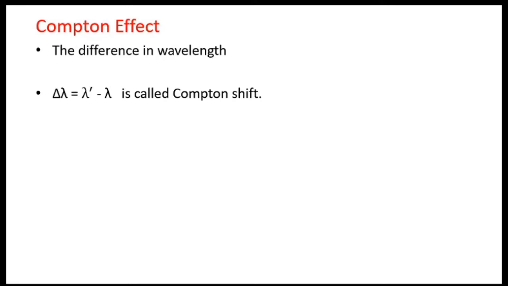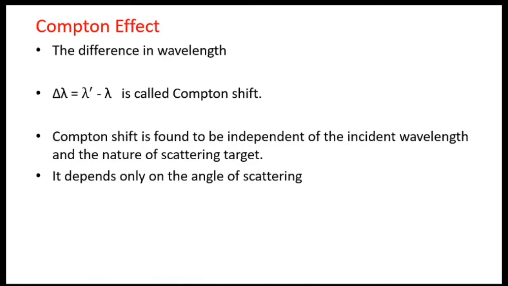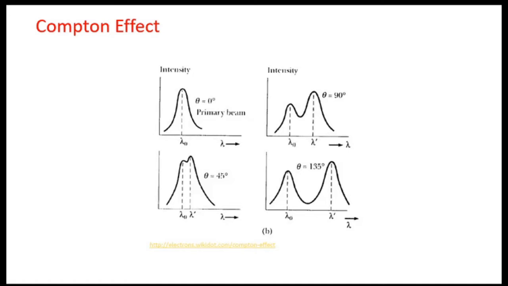The difference in wavelength delta lambda is equal to lambda dash minus lambda, and is called Compton shift. It was found that the Compton shift depends only on the angle of scattering. It is independent of incident wavelength and independent of the nature of scattering material.